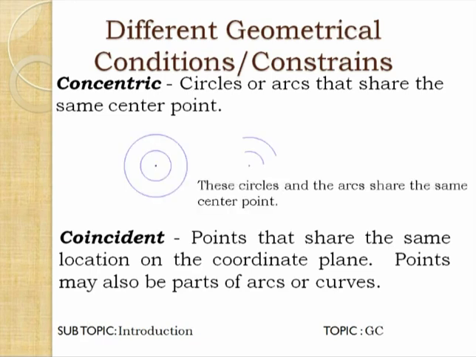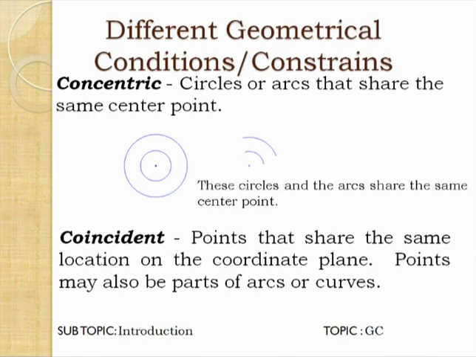Concentric. Here there are two concentric circles. Circle and arc share the same center point. In first figure, two circles have the same center. In second figure, two arcs have the same center. Then coincidence, same point.